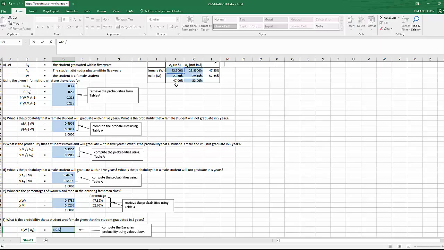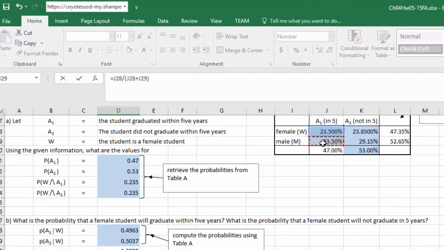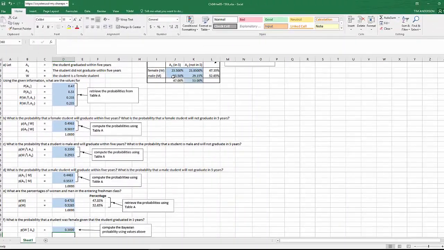We want to divide that by, open parentheses, the probability that they're female plus male, okay, close the parentheses, and there we go, 50%. What is the probability that a student was female given that the student graduated in 5 years?